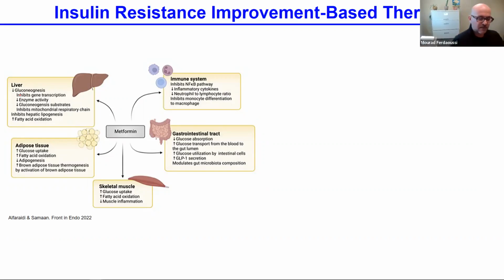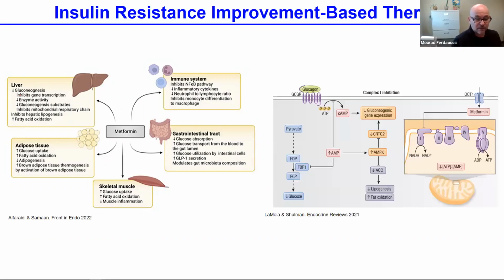This is a very fantastic drug because we know that metformin works, but we don't know how it works. There are different hypotheses for how metformin can reduce the glycemia or the gluconeogenesis. One hypothesis, among others, is that metformin can inhibit complex 1 within the electron transport chain.